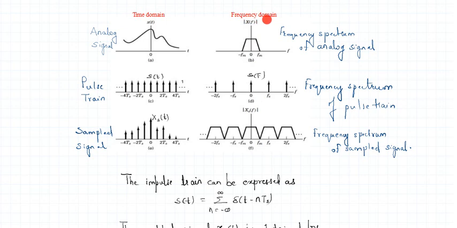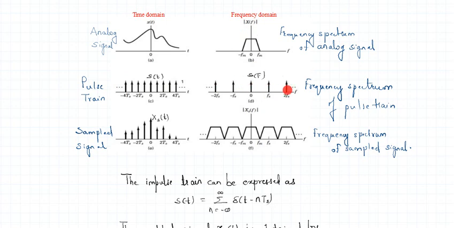So the left hand side signal is the time domain signal, and the right hand side signal is its equivalent frequency domain. So this is a CT signal and this is its equivalent frequency domain. This is the train of impulse and this is its equivalent frequency representation of the train of impulse.